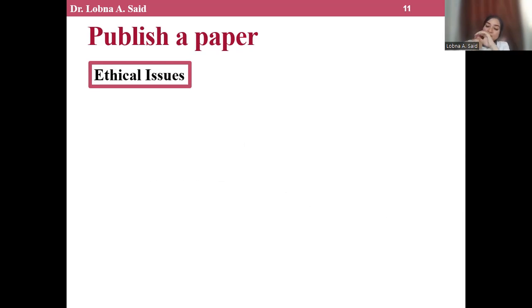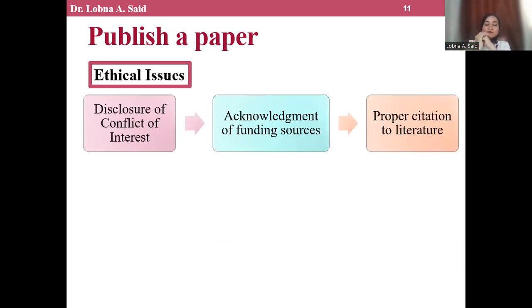The ethical issue. You always have to make a disclosure of a conflict of interest. This is really important to do, because this is part of the ethics of a researcher. If there is a conflict of interest, you have to declare it. And also you have to give proper acknowledgement to the funding source. It's really important to do so.